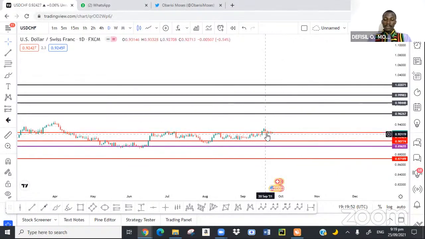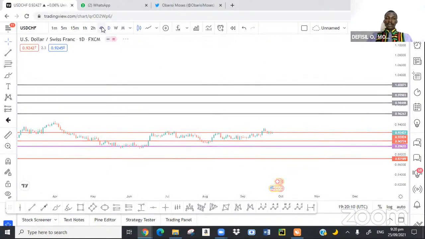That's for the USD CHF on the daily time frame.